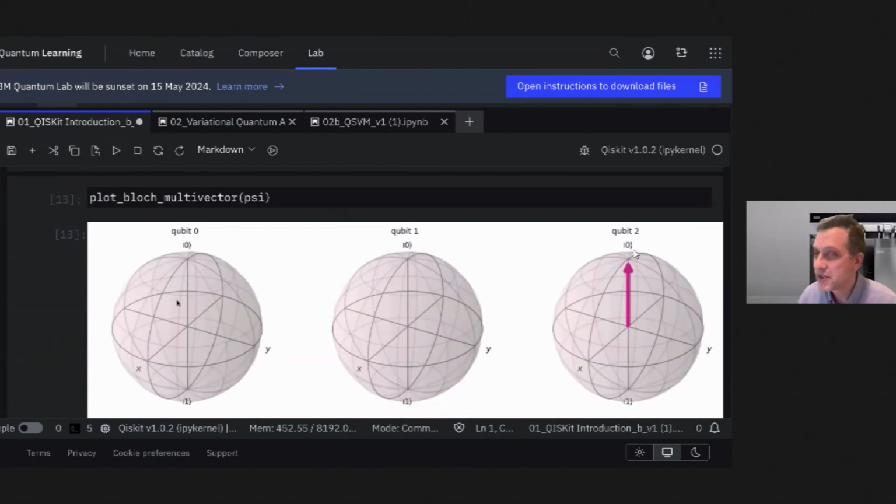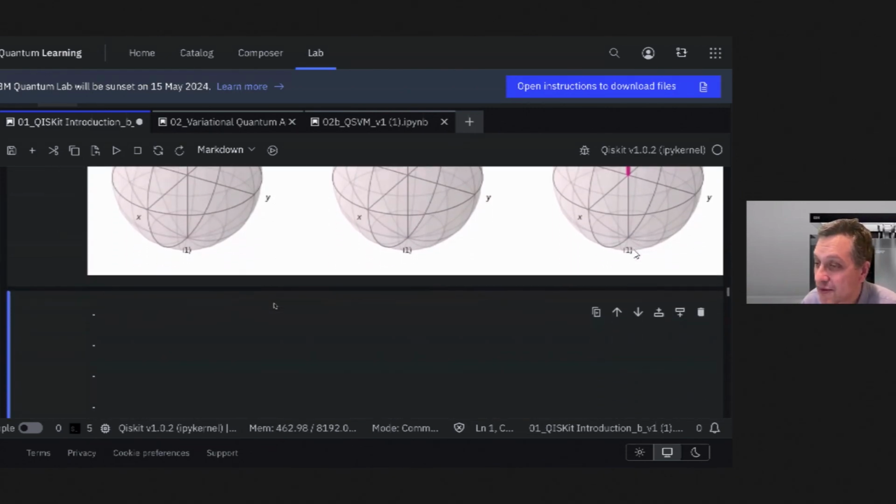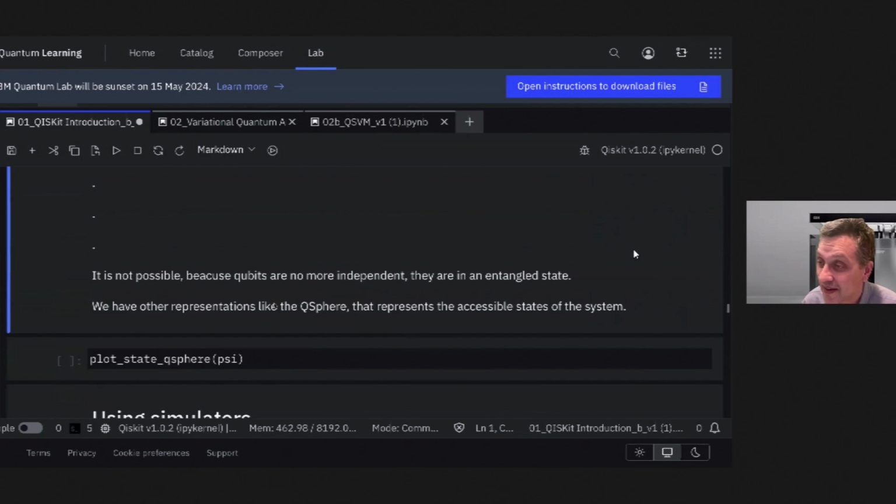We cannot do this anymore because these are no longer independent random variables. They are entangled, and the result of measuring one of them conditions the other, so both qubits are sharing some properties. So we cannot think of a quantum computer as an addition of different qubits, but as a global state working in this big dimensional space.